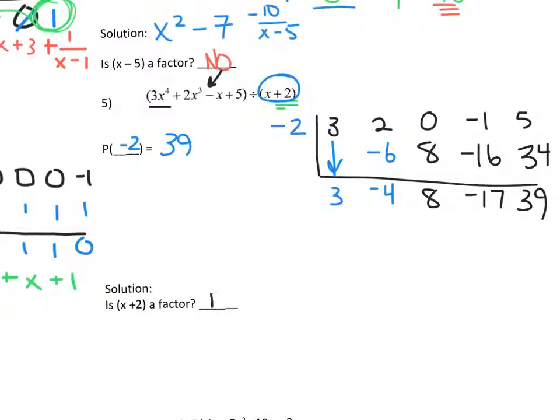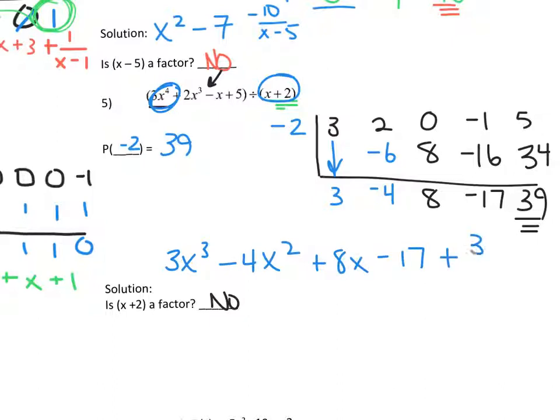So, no, it's not a factor because the remainder is not 0. So my solution is going to be 1 degree less, so it's going to be 3x cubed minus 4x squared plus 8x minus 17 plus the remainder over x plus 2.